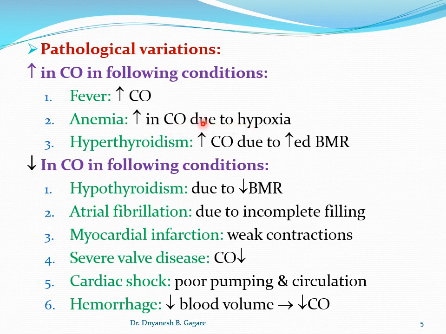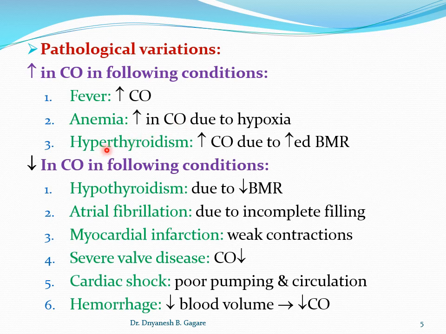It may be due to hypoxia, which is one of the primary determinants in anemia, because in hypoxia, due to the decrease in partial pressure of oxygen, there is an increase in heart rate.